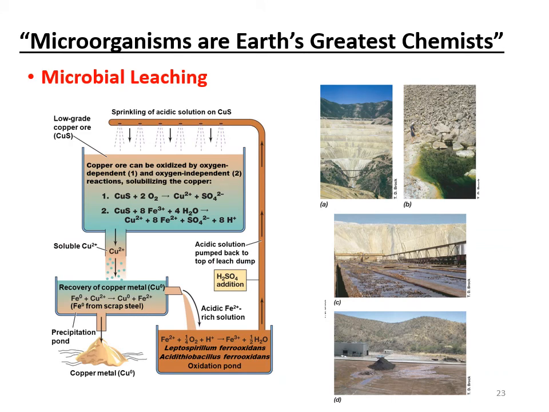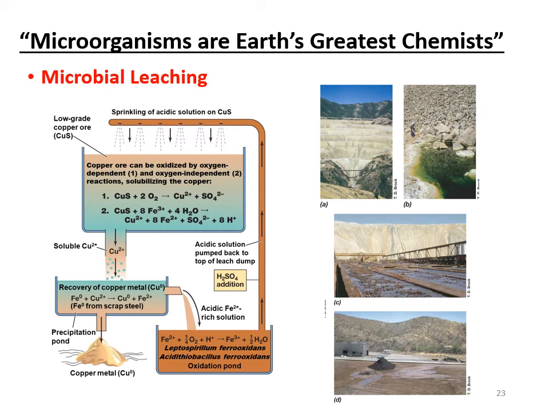Now, with that built environment, you can actually exploit microbes, because we can look at them as Earth's greatest chemists. Hopefully we're not offending a certain chemist in the class, but microbes are far better than any human chemist. One example of how we can use their chemistry abilities is that we can have them help extract things for us.